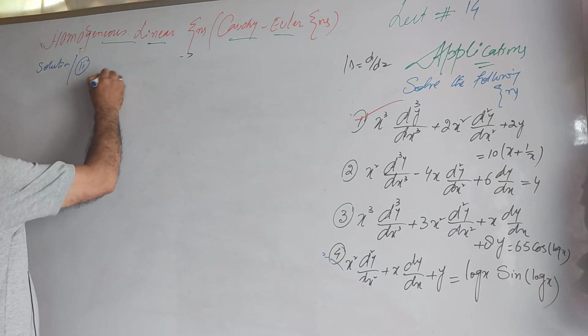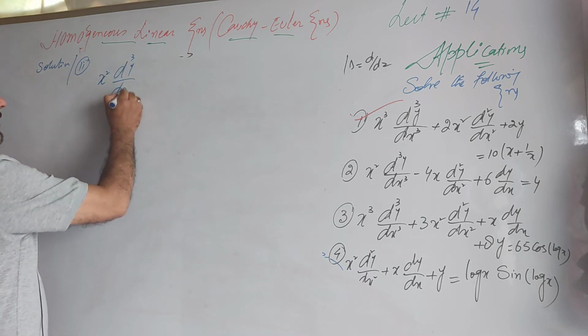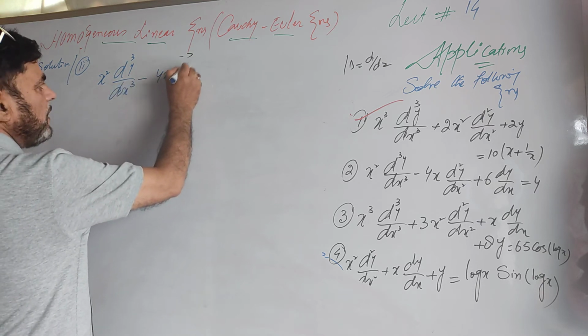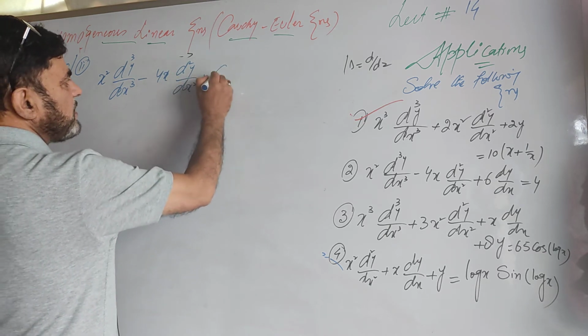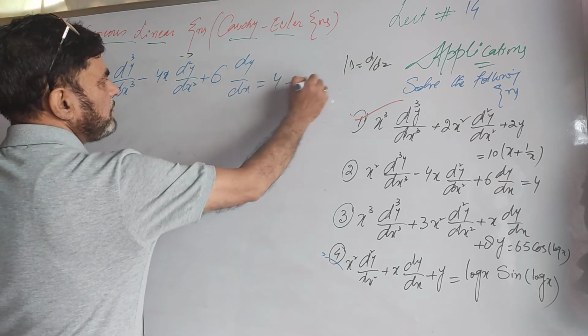This is x squared d3y by dx cubed plus minus 4x d2y by dx squared plus 6 dy by dx is equal to 4.